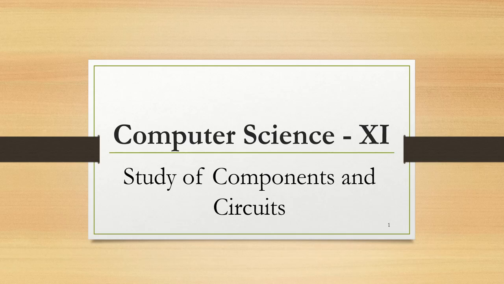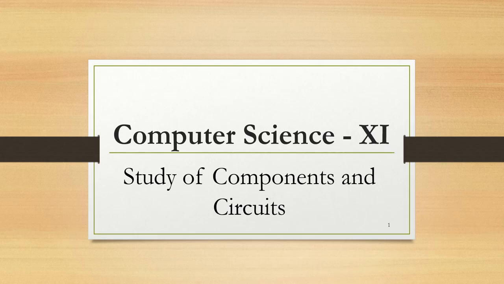So we'll start now the next chapter of your computer science. This is chapter number 6, which says study of components and circuits.